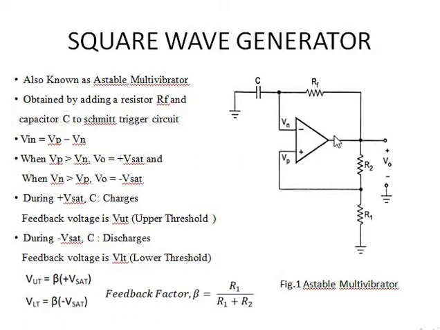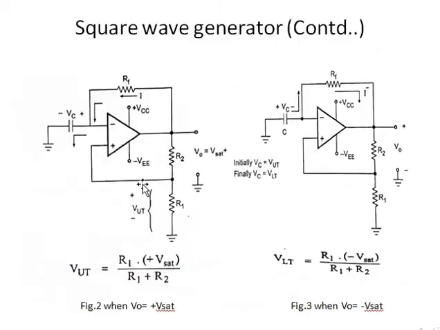This voltage available over here, that is positive Vsat, will charge the capacitor C through this pathway. That is, positive V saturation voltage will charge the capacitor C through resistor RF, and the capacitor voltage Vc will start increasing towards the positive V saturation.